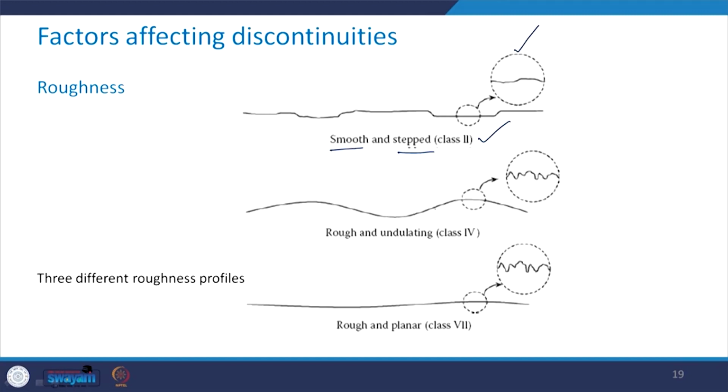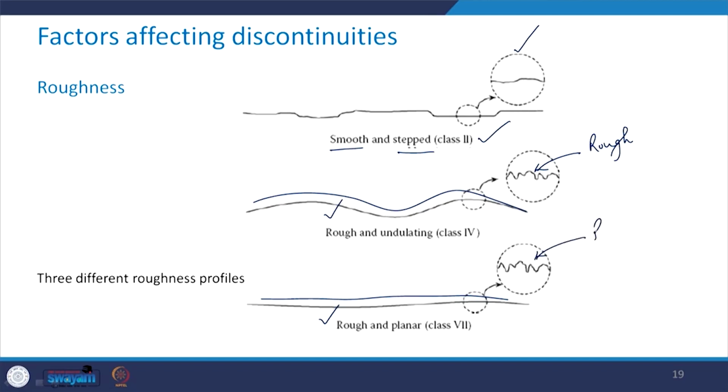So, you see it is undulating, and when you take the close up of it, you see here it is rough. Likewise, rough and planar. So, what is the difference between this and this? In this case, it was undulating, while in this case it is more or less planar. And when you take the close up of a part of this, again you see here it is rough.